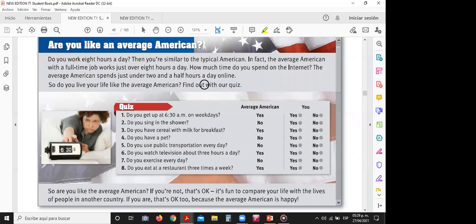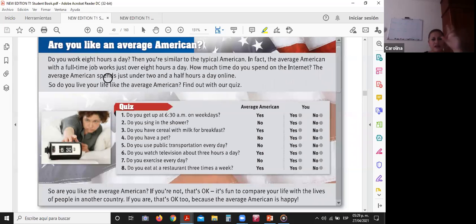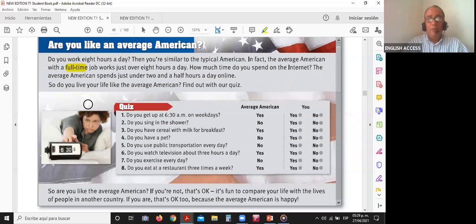Is there any new word for you here? A word that you don't understand? Teacher, full and time, put together, what does it mean? Full time. Full means complete. For example, some jobs, you work only 4 hours, maybe 2 hours.